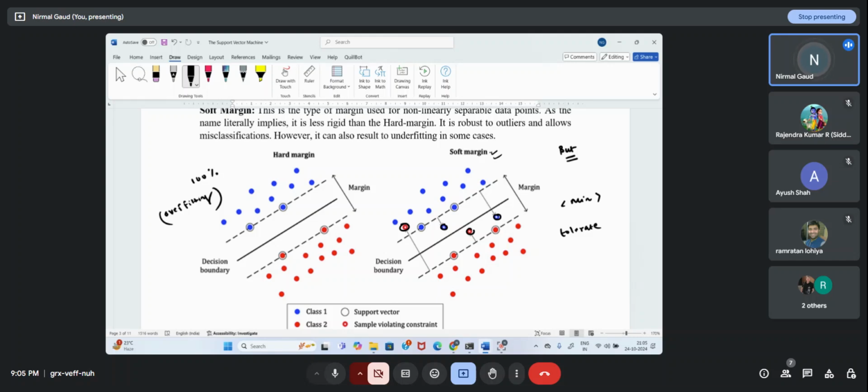So again, I need to decrease it. Whenever the misclassification goes on increasing, I need to decrease the size of the margin to prevent misclassification. Some misclassification I can afford, that's not an issue. But if the misclassification goes on increasing, then it's not affordable. So accordingly, I need to take a step.